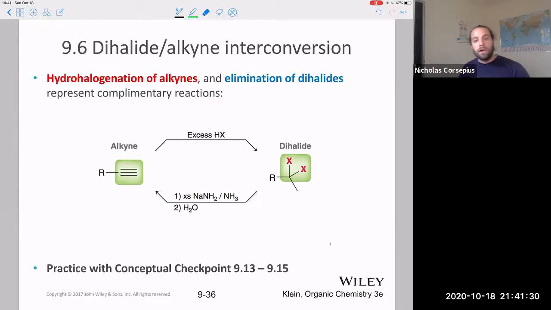So we have a way of going in both directions: either from alkyne to this dihalide in the presence of excess hydrobromic acid, or we can have our dihalide, and in the presence of excess strong base, we'd go back the other direction to our alkyne.